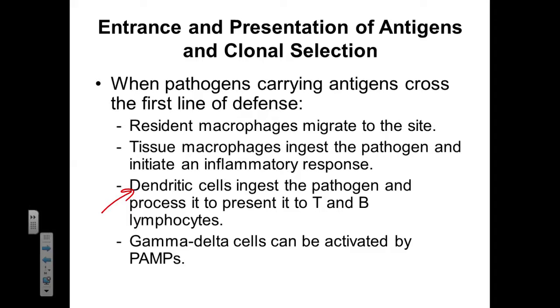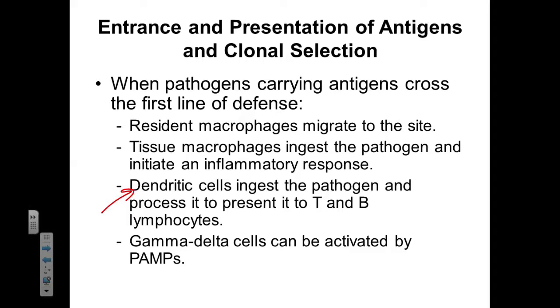You can think of this as a little boy finding something in the road and carrying it home and showing mom and dad. This dendritic cell will say to the B and T cells, hey, look what I found. And if the T and B cells are pre-programmed to respond to that specific pathogen, they will then be activated.